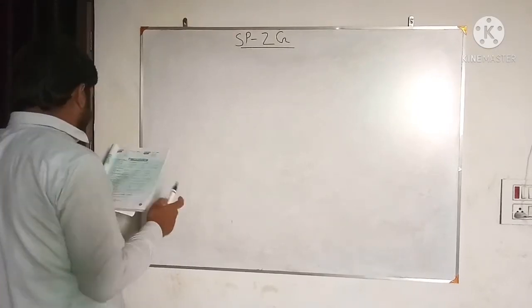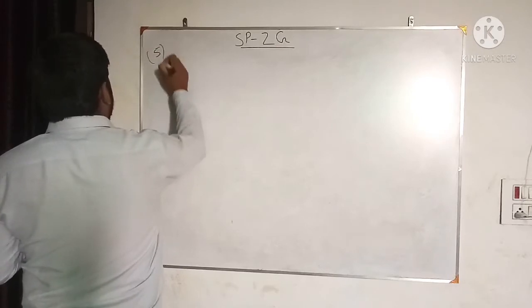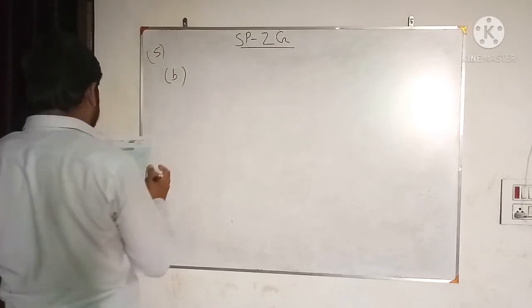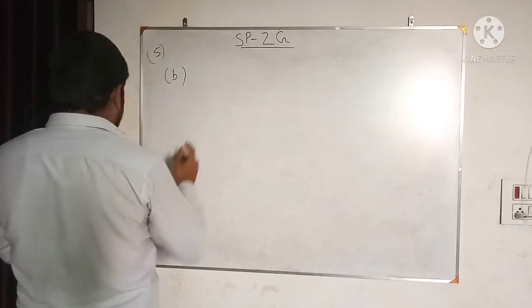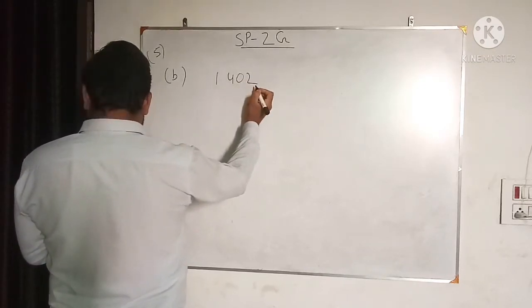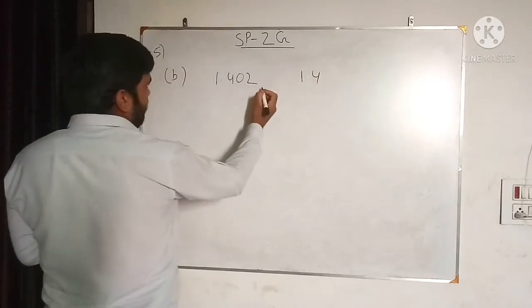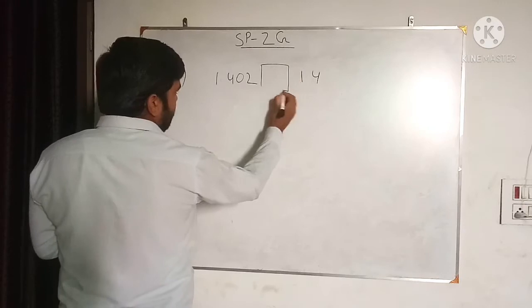Now question number 5. We have to insert less than, greater than or equal symbol. 5b you see. 1.402, 1.4. In this we have to do the comparison.